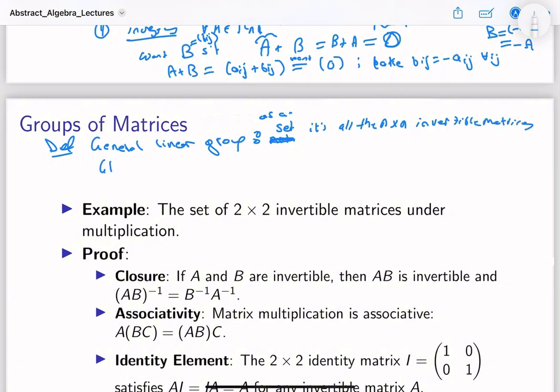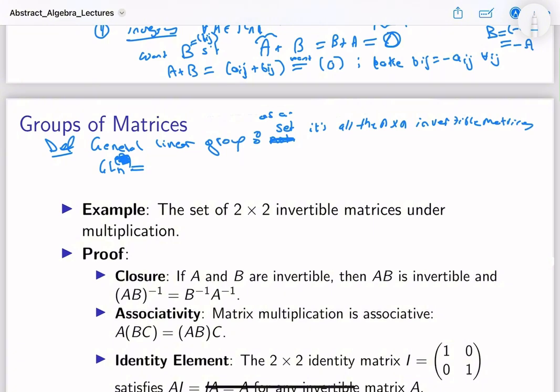So GLn is all the n by n invertible matrices, and some people usually put R here to indicate that this is actually a set of real matrices. The entries are real, but we can ignore it because we'll be working with real matrices most of the time.